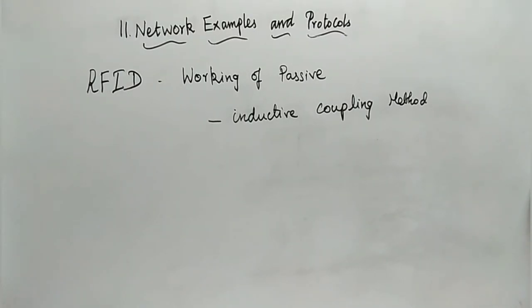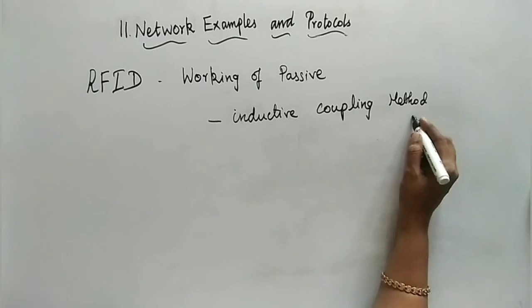This method means transfer of energy from one circuit to another by the mutual induction between the two circuits. The two circuits are more or less near to each other, and by means of this process the tag gets the power supply. So in this case there is some transfer of energy.